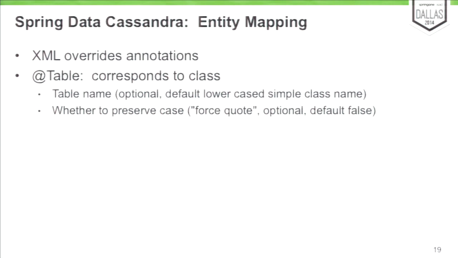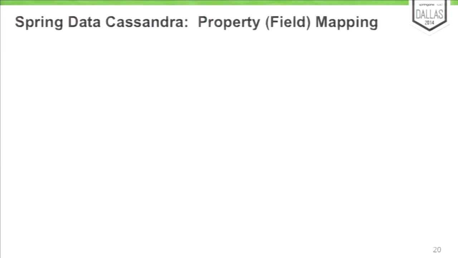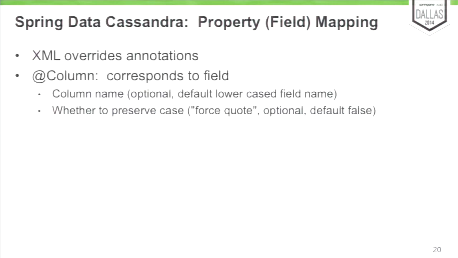There's an attribute on the table annotation that says force quote. The syntax for the quoting is a little strange, but we take care of that. There's actually a class called CqlIdentifier, and that encapsulates all the rules regarding when you need to quote identifiers and when you don't. You can also specify the mappings for fields.